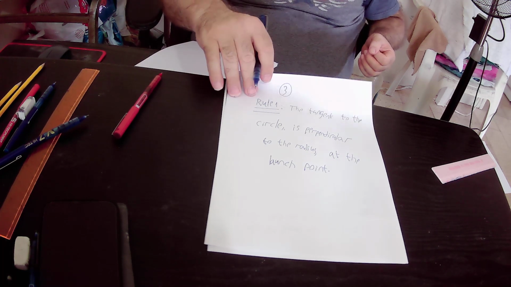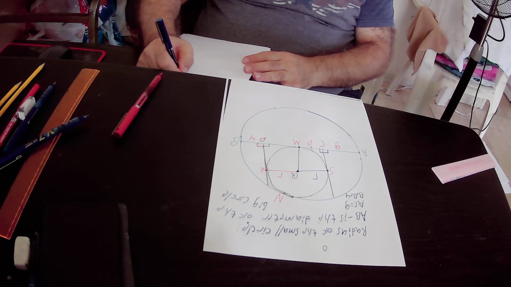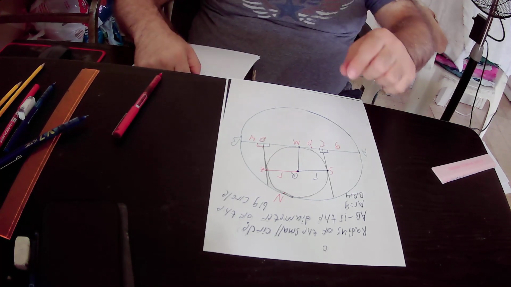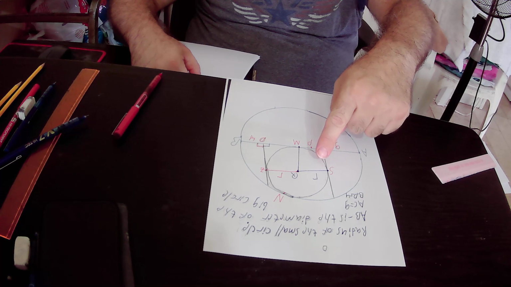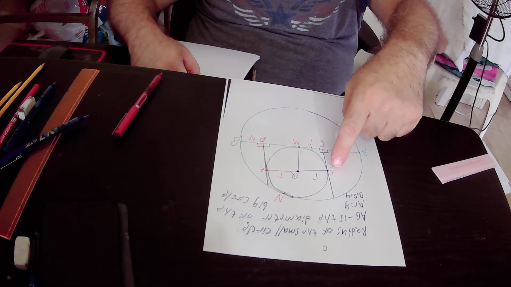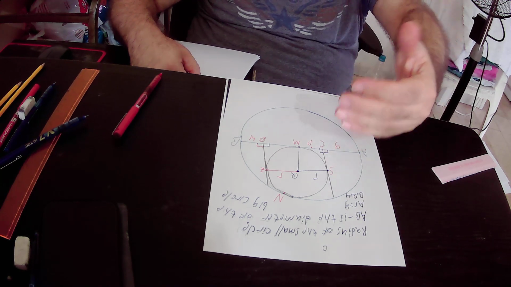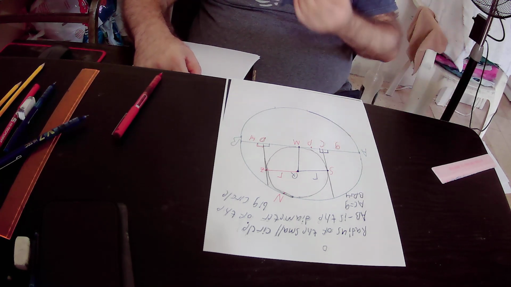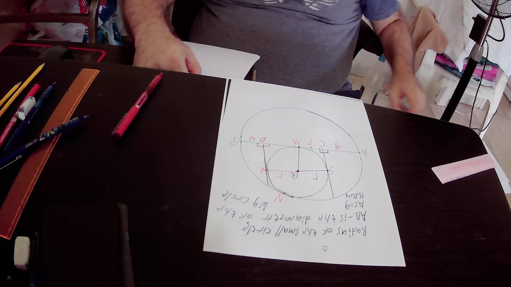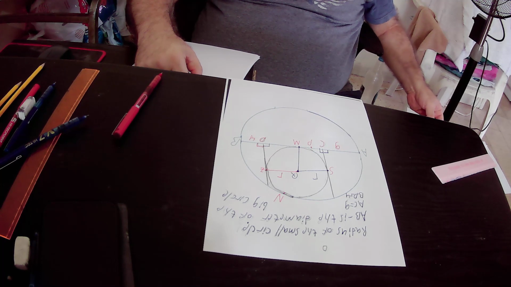So actually here we have the radius that touches the circle at the launch point. It touches the circle at point S. So according to rule number 1, the tangent to the circle is perpendicular to the radius at the launch point.